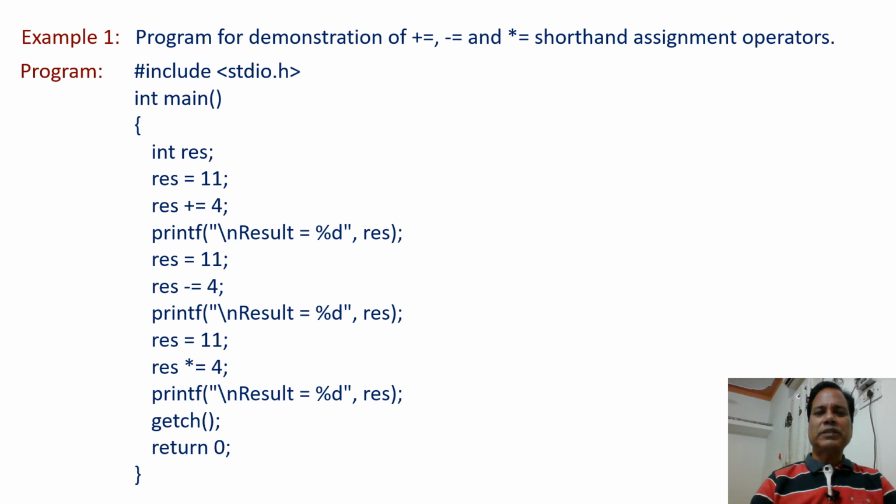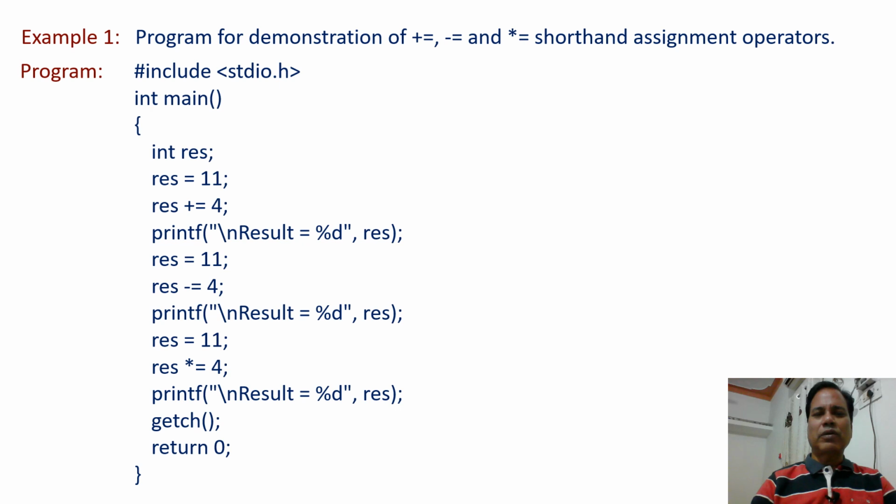Previously we have not written int in any main function, because the default is the integer type. Then within open and close braces we write our code, and the code always starts with defining the variables.